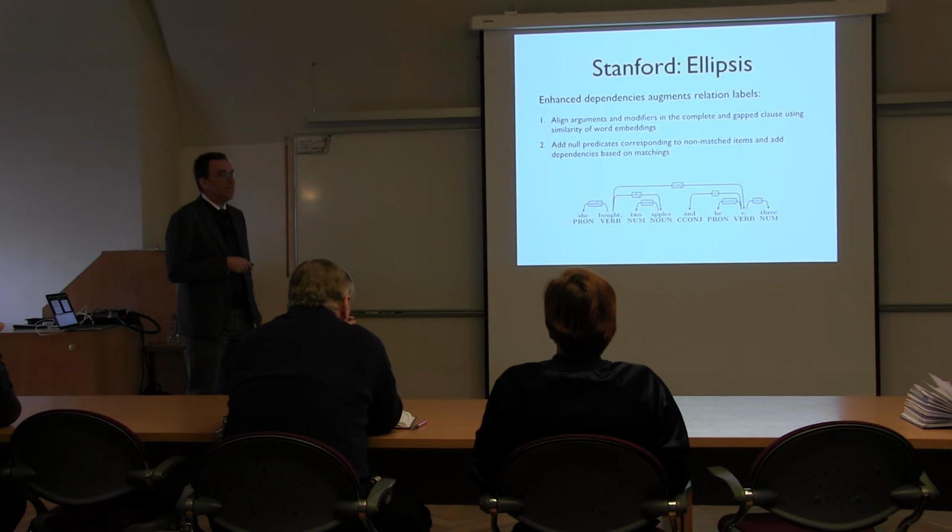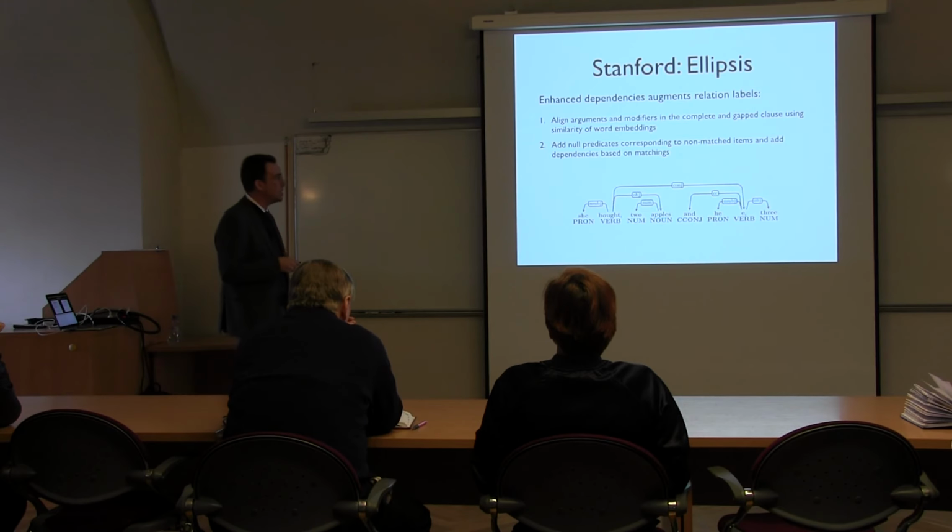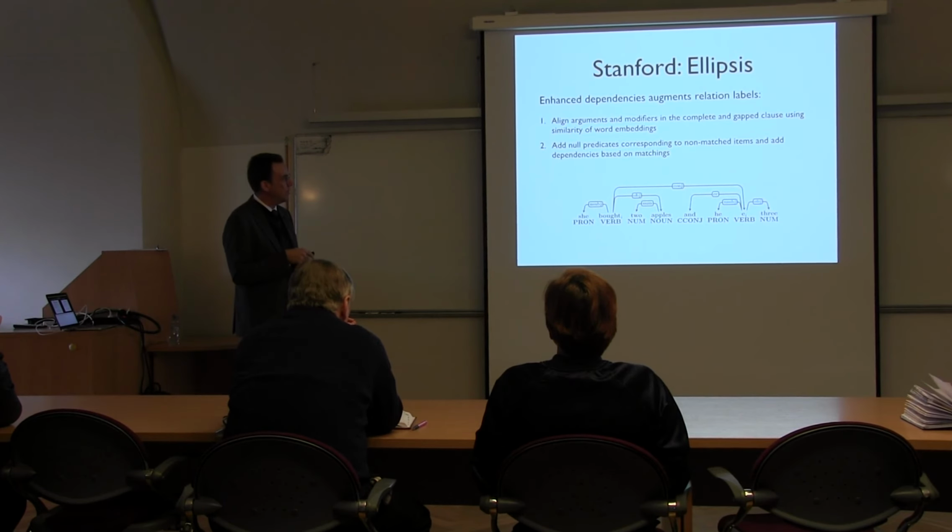When it comes to ellipses, or this special type of ellipses like gapping, as I already said, this is a new method by Sebastian, where the idea is that first of all, you try to align arguments. I'm not showing you the basic tree here, but in the basic tree you would have an orphan relation that would signal that you have some parentless things. You try to match those to arguments and modifiers in the complete clause, essentially using similarity of word embedding.